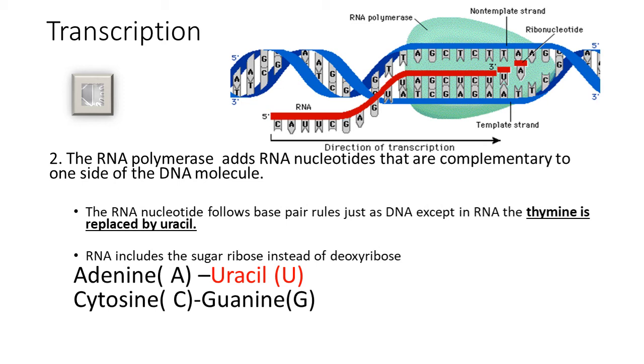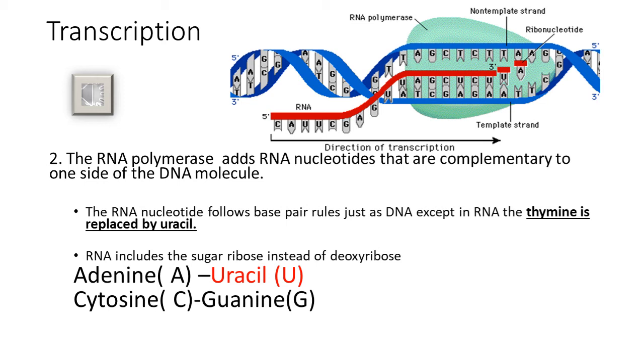Nucleotide A pairs with U. The second nucleotide A pairs with U. The third nucleotide G pairs with C. A pairs with U. Then G pairs with C. C pairs with G. T pairs with A. A pairs with T. No, it pairs with U because we are forming RNA.